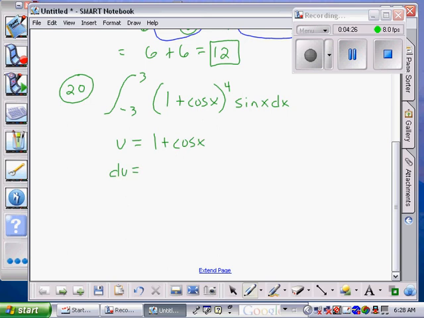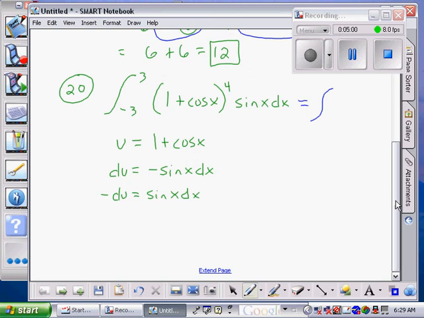Now, what's the derivative of this? What's the derivative of 1? 0, so we can leave that off. What's the derivative of the cosine of x? Negative sine of x dx. And we'll move that negative over to the other side. So if I want to rewrite this expression, and this is where a few of you forgot to do this on your u sub quiz, I'm going to leave off the bounds for right now.